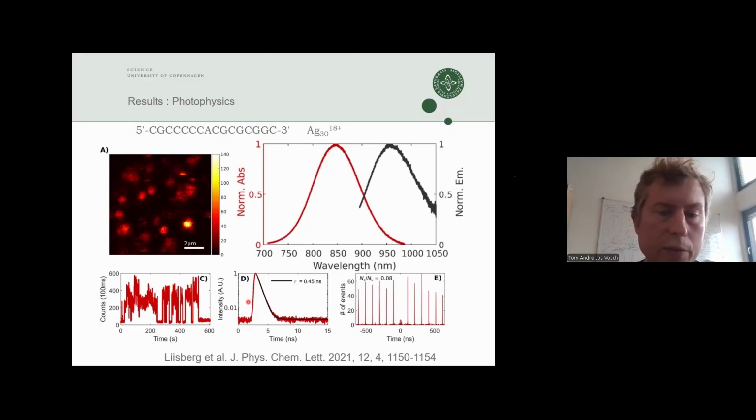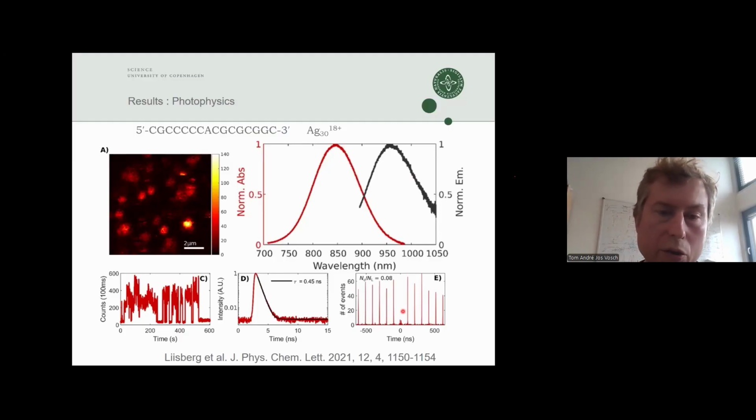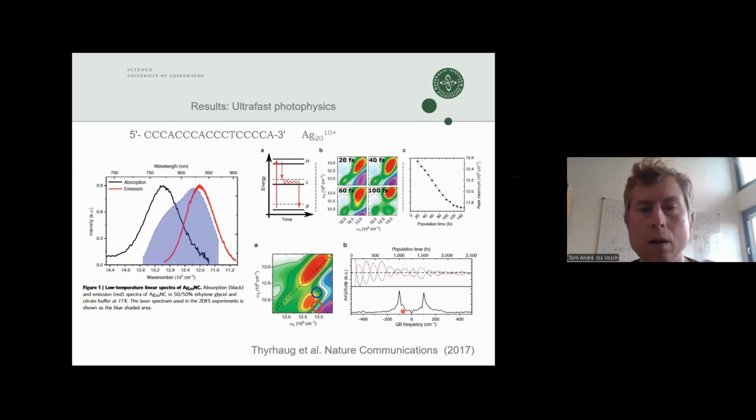And we showed that we could do single molecule measurements and even show, by using fluorescence anti-bunching measurements, that these are single emitters and not aggregates of clusters. So the idea here is that they have quite high potential to be bright emitters in the near IR region. And that is what we have also been working on in the last few years, in order to find more of these types of emitters.